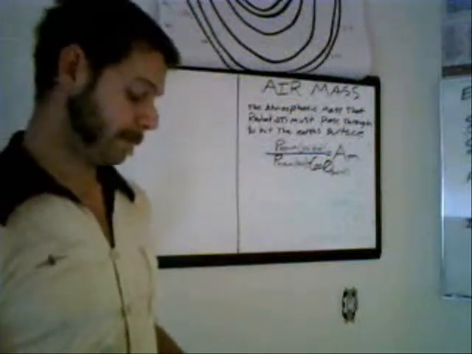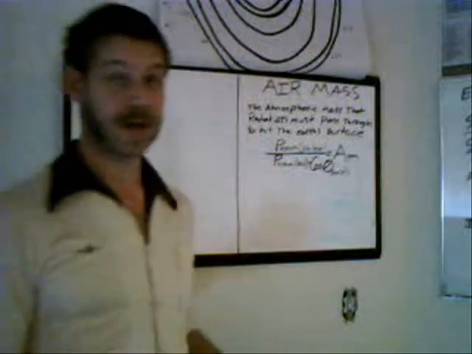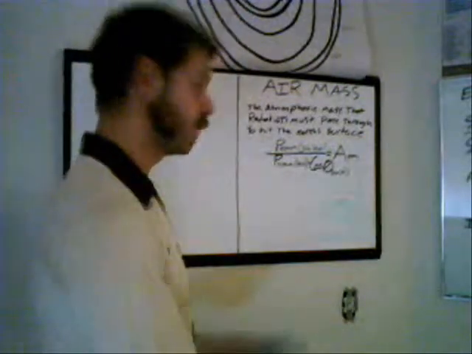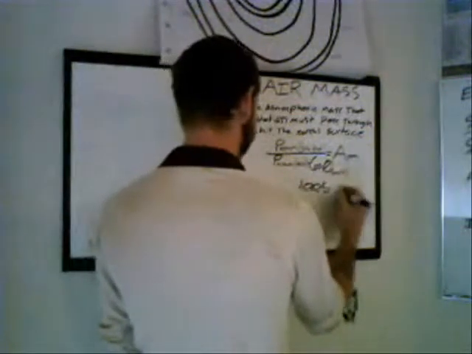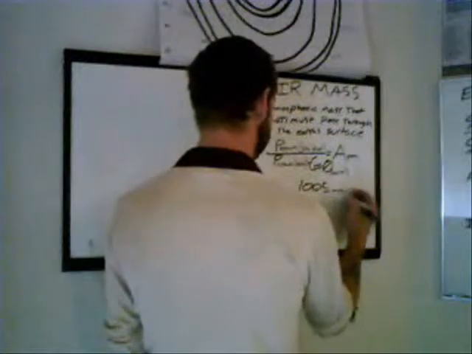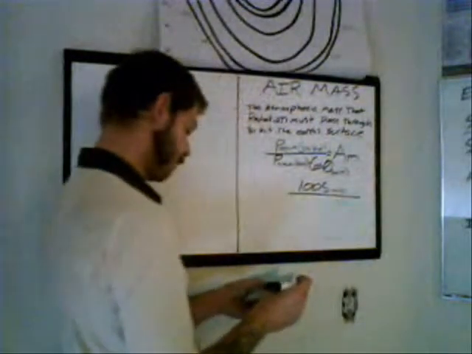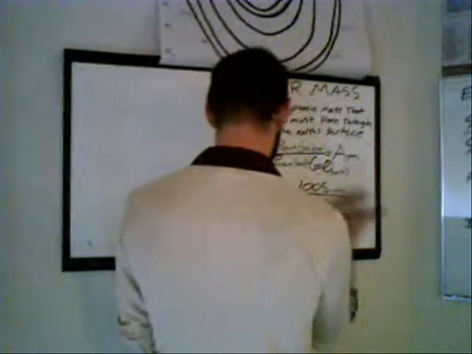So, as an example of this, I did Denver, Colorado today, right now. To do this, you do the pressure at sea level, which is equal to 1,005 millibars, over the local pressure, which happens to be 1,013.